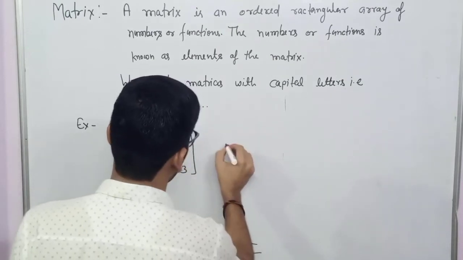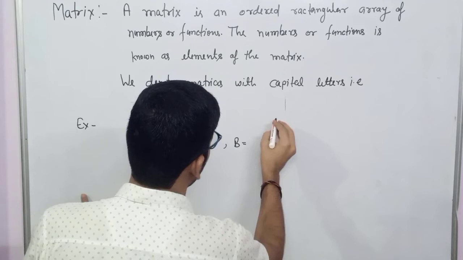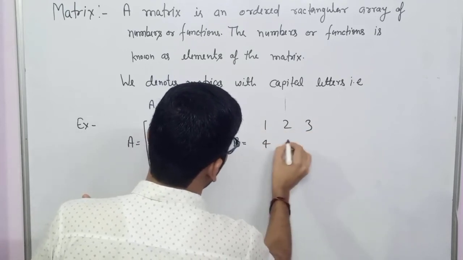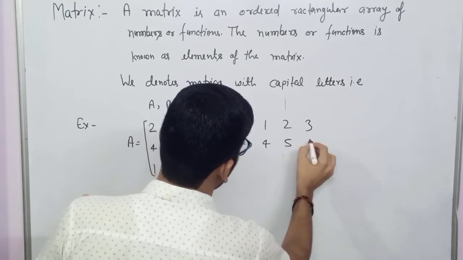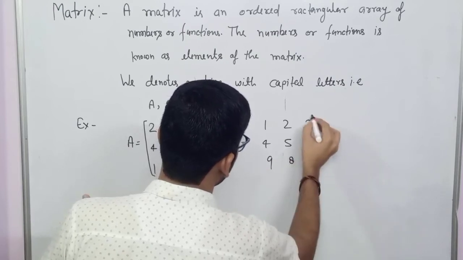And here we write another: 1 2 3 4 5 6, 7 8 9.